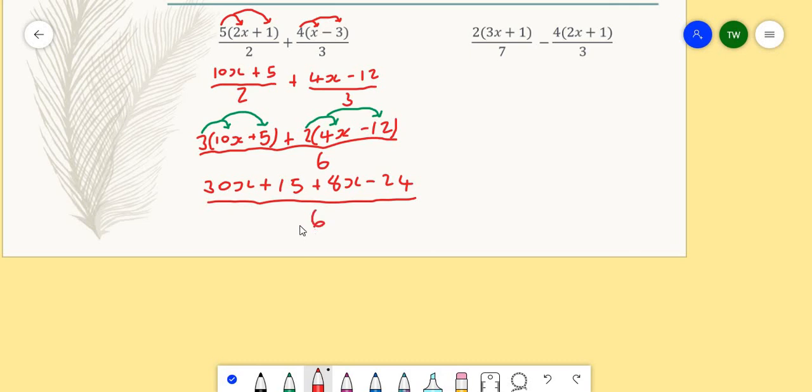At this stage, what we're going to do is to group the like terms or combine the like terms, right? So here, we're going to add the x terms together. So here we have 30x plus 8x, that's going to give us 38x.